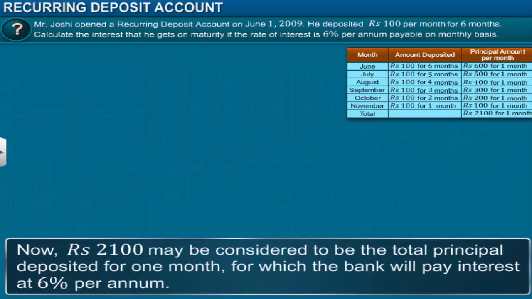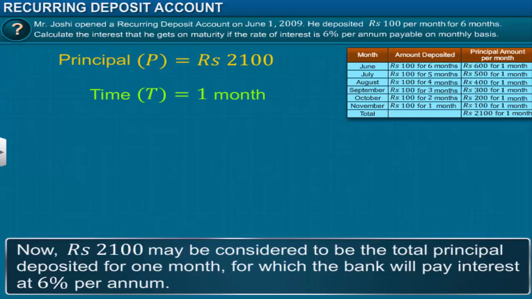Now, the 100 rupees deposited for 6 months is equivalent to 2,100 rupees deposited for 1 month, for which the bank will pay interest at 6% per annum. Therefore, the principal is 2,100 rupees. The time period is 1 month, which is equivalent to 1 divided by 12 year.